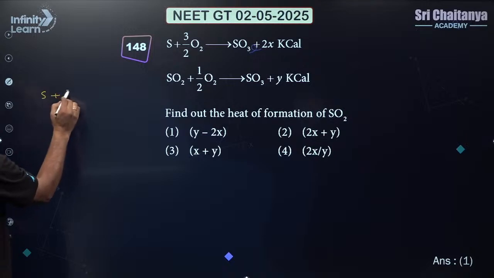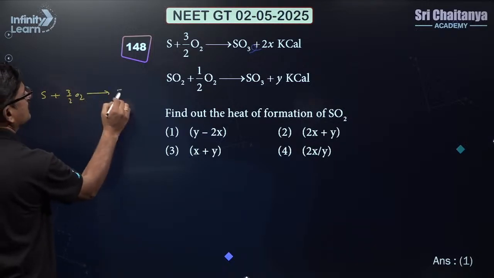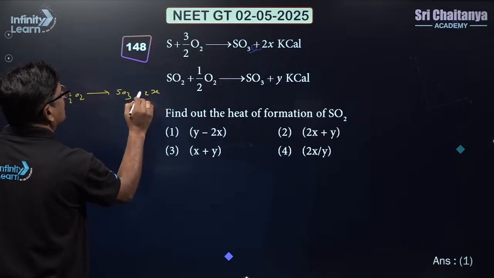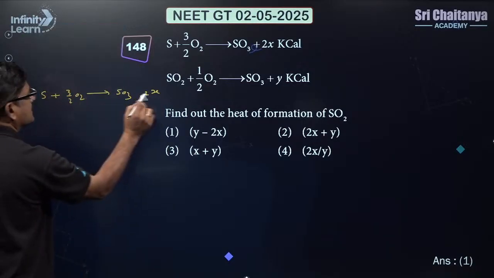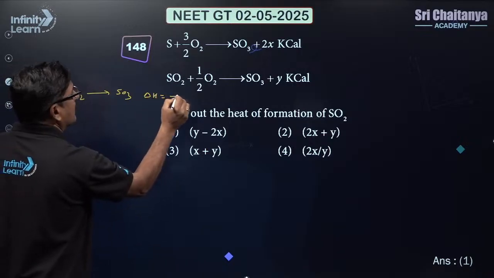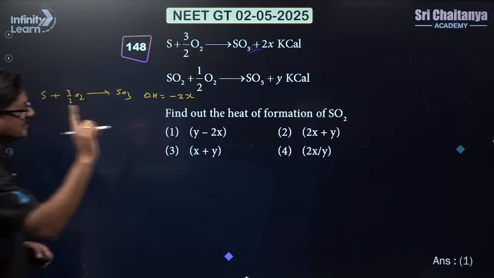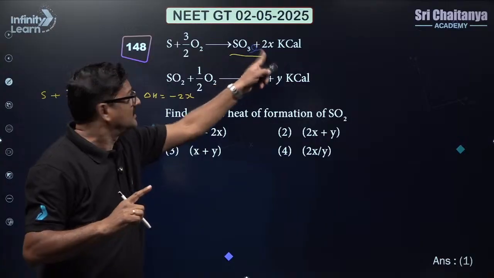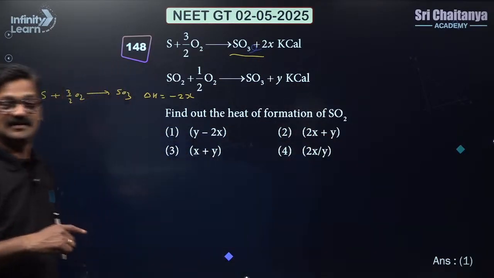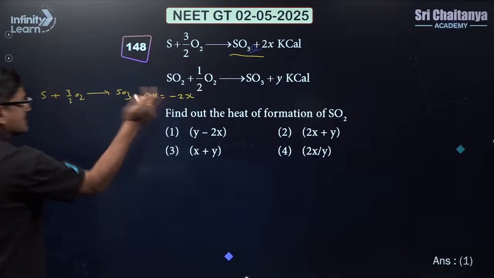S plus 3/2 O2 gives rise to SO3, and −2x. Carefully see, delta H is equal to minus 2x. Mind it, it is given like this. It is minus 2x. Product is forming, releasing the energy. So reverse this.